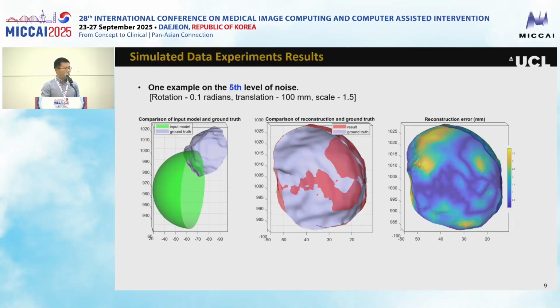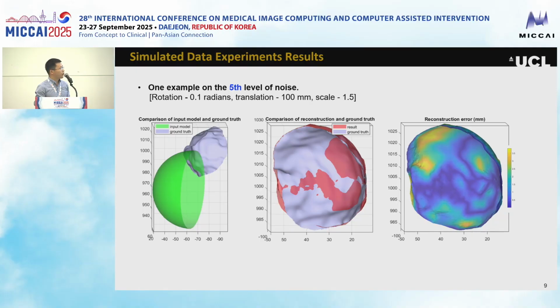As this figure shows, this is an example of the simulation result at the 5th level noise. From the left figure, we can see there are large differences in the shape, scale, and pose between the input model and the ground truth. After reconstruction, we can see from the middle figure that the reconstruction overlaps well with the ground truth.